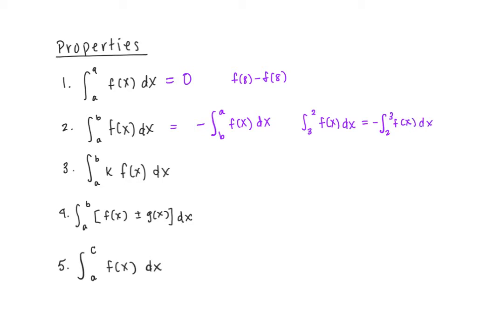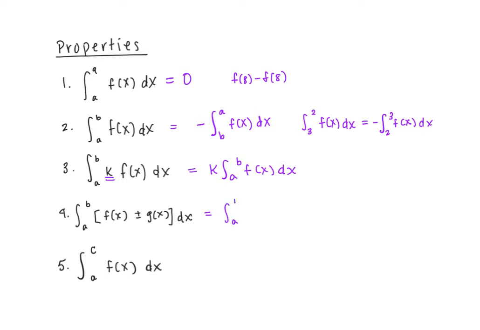The next one is if you've got a constant, you can take the constant out of your integral, just like we've been doing, and then at the very end multiply by the constant. So evaluate the whole integral all the way through, and then at the very end multiply by that constant. And then you can also split your integral up when you're adding and subtracting.